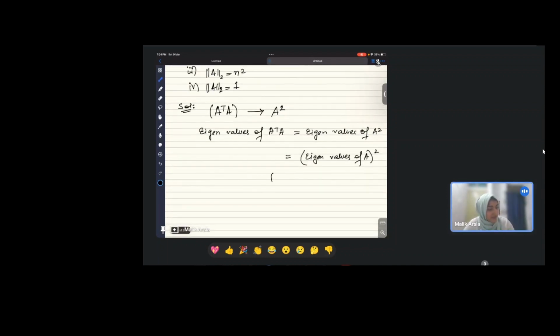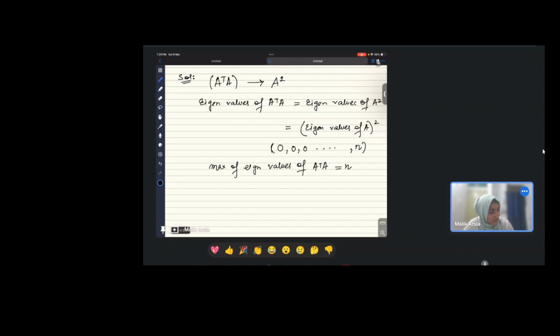And for A, since it's the n cross n matrix with one entries only, the eigenvalues will be 0, 0, 0, 0 up to, and the last one will be n. So now we know that we have to take the maximum of these, right? Maximum of eigenvalues of A transpose A is n squared, yeah, it's n square actually.